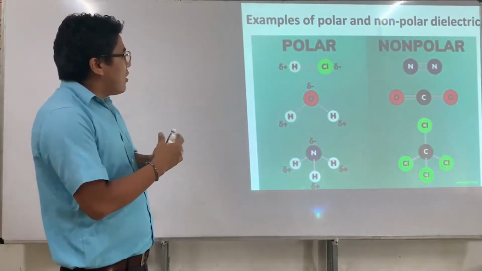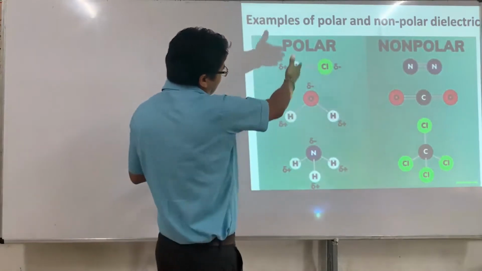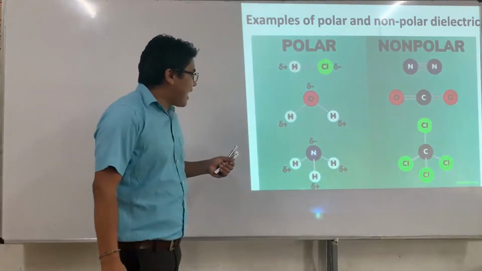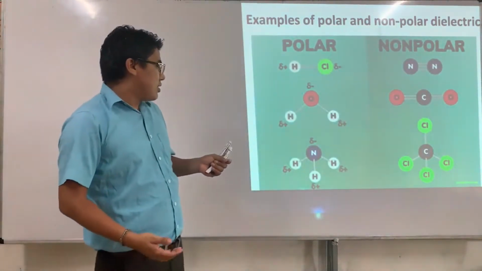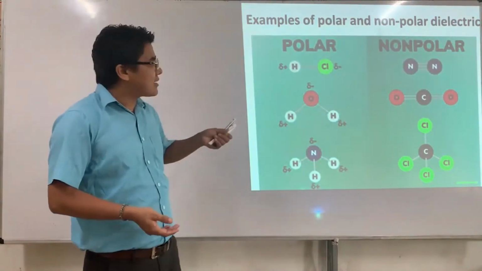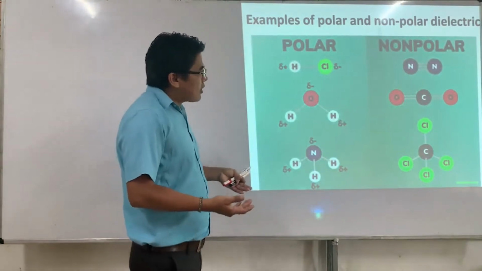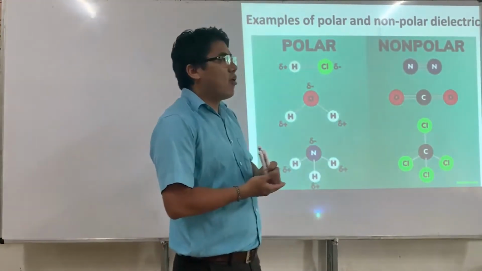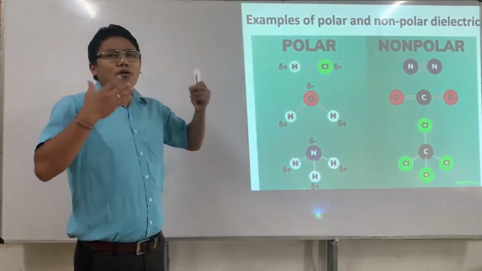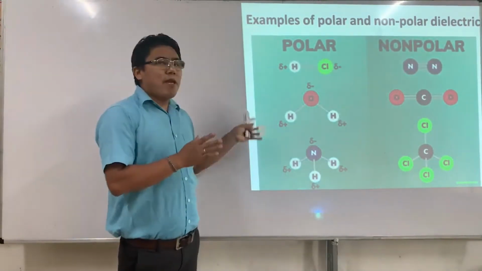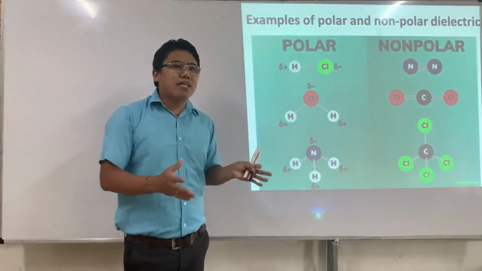The polar dielectric examples are HCl and H2O. And non-polar dielectrics are nitrogen molecules, carbon dioxide, oxygen molecules. Now the point is, what is the difference between them? Maybe the detailed discussion may be done in chemistry.